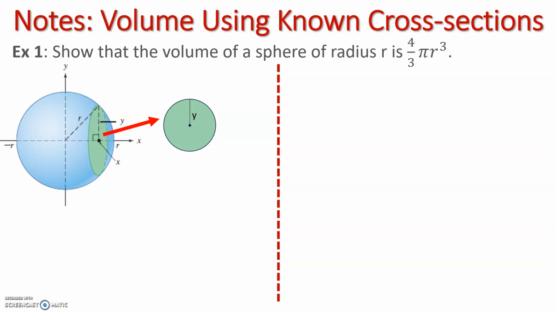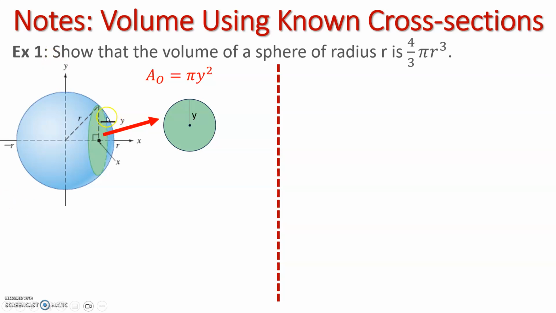So we're going to say we have this sample cross section, this circle with radius y, and we want to find its area. Now, we know the area of a circle is pi r squared, but in this case, it's pi y squared for this particular cross section. In order to use this integration to find the volume, we need this function A to be in terms of x.